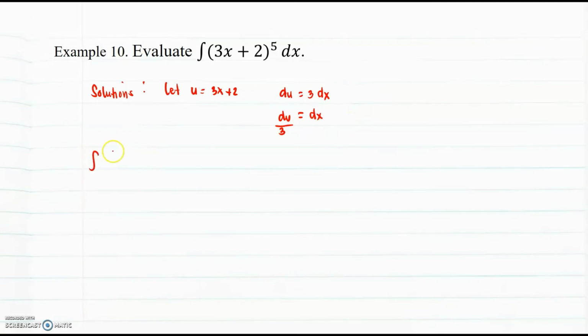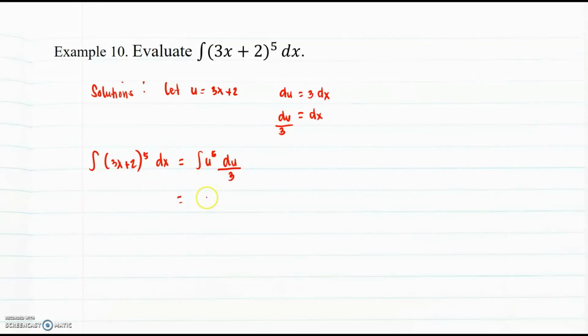Evaluating the integral of 3x plus 2 raised to 5 with respect to x, that would be equal to the integral of u raised to 5, and our dx is du over 3.